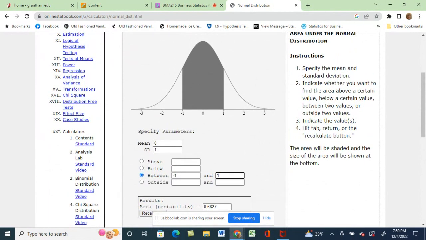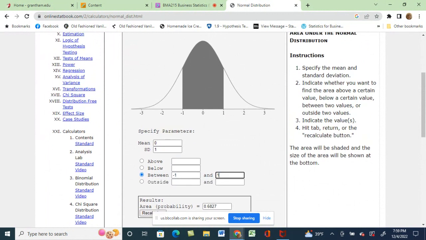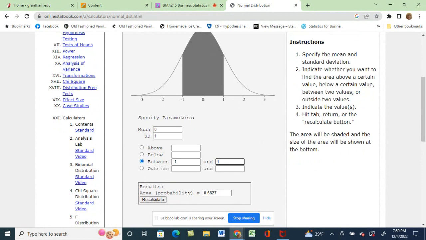The area shaded here is the probability that our data is in that area. So this is showing us that 68% of the data in our list or in our population is between -1 and +1 standard deviations from the mean. This is how it ties in together.